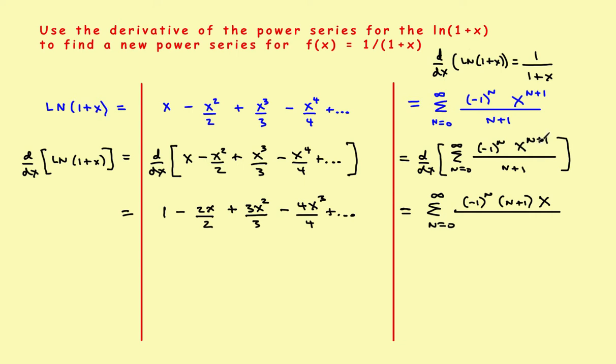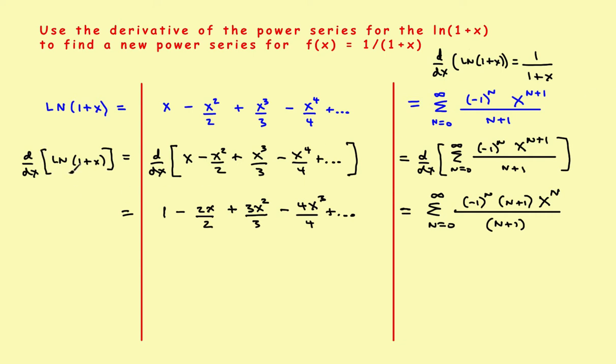The new exponent would be just this thing reduced by 1, which would now be to the n power. And then in the denominator, you've still got an n plus 1. We'll go ahead and put parentheses around that. So that's what it looks like in summation notation.